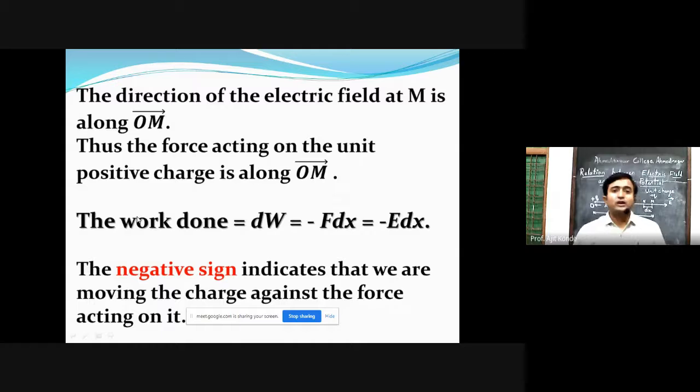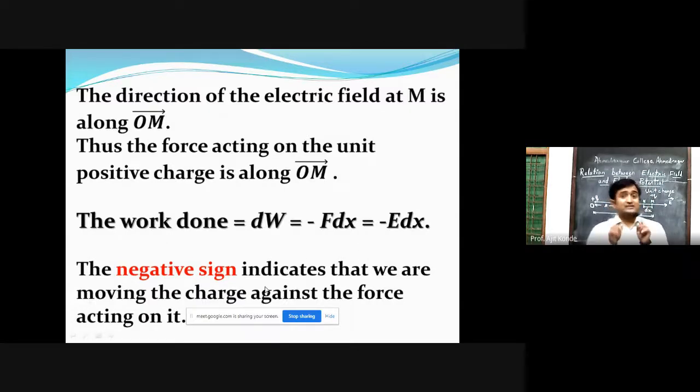Now, can you tell me what is work done? Work done is equal to force into displacement. Now, the force is due to electric field, and force into displacement, F into x. But here the displacement is very, very small because we are moving the charge from point M to N and displacement is dx. Therefore, the formula for the work done is F dx.